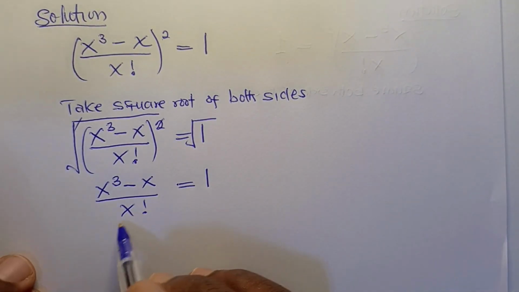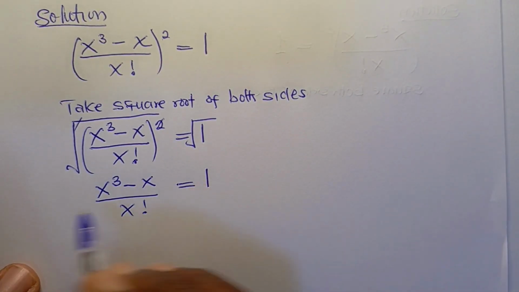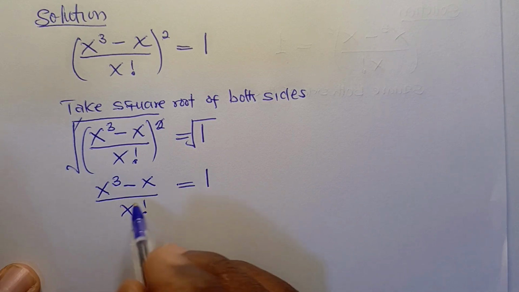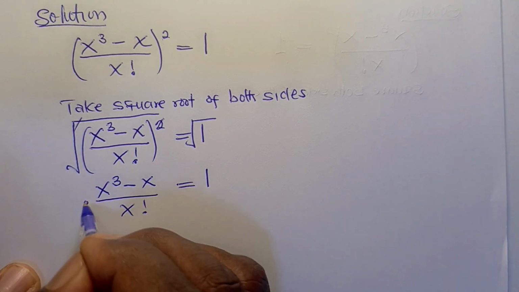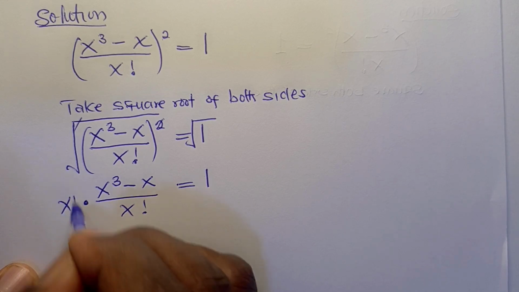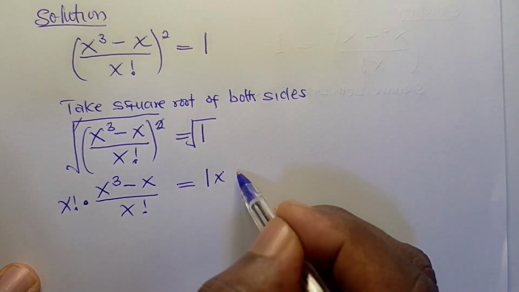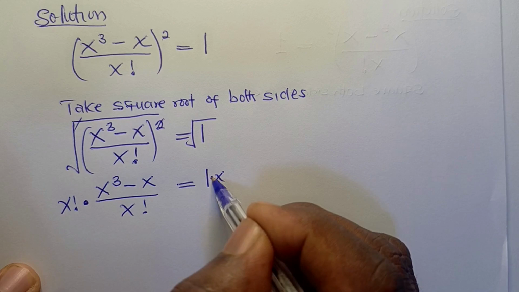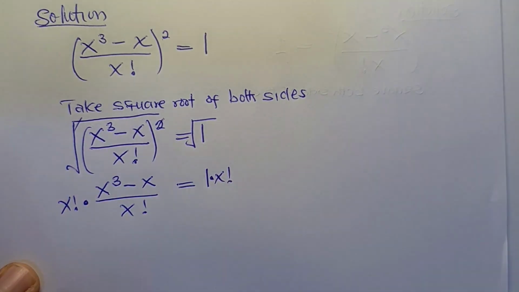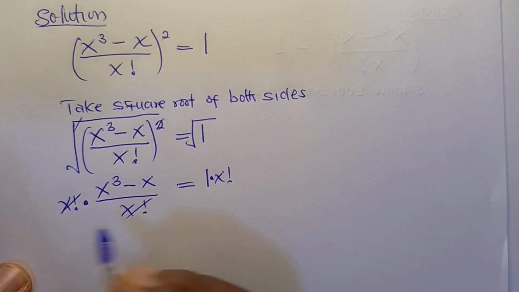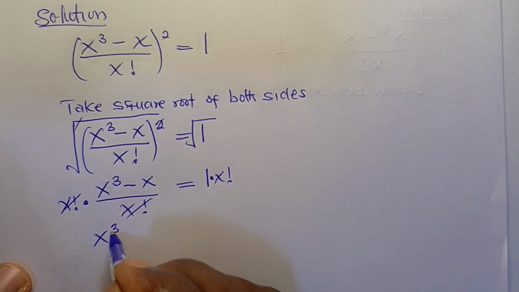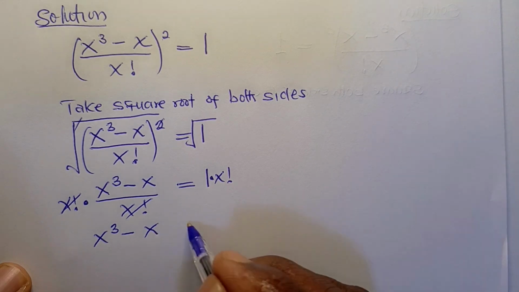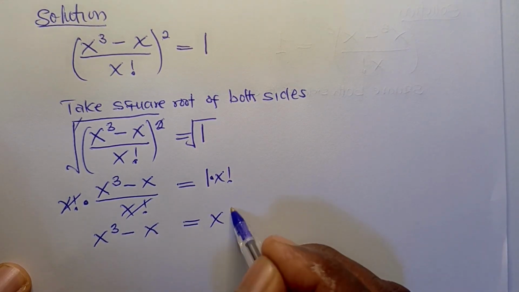Okay, so let's cross multiply, or multiply the whole equation by x factorial. So let's multiply here by x factorial, then multiply here too by x factorial. So this will give us, as we cancel, x^3 minus x equals x factorial.